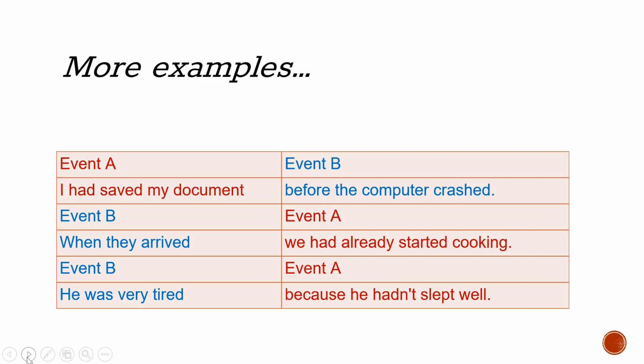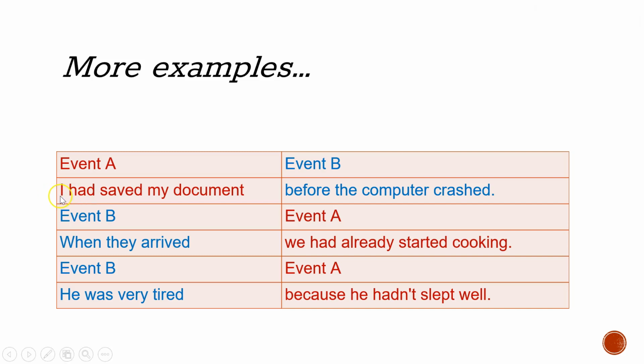These are other examples where you have two events. Event A is the event that took place in the further past. B took place in the nearer past. Let's look at the examples here. The first example: I had saved my document before the computer crashed.